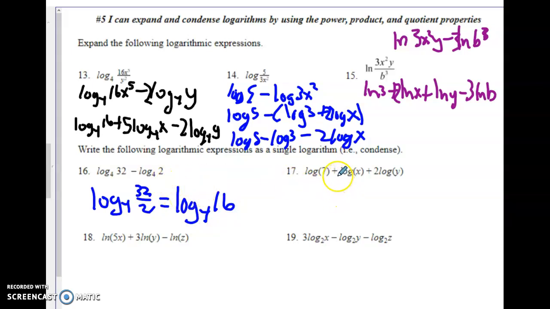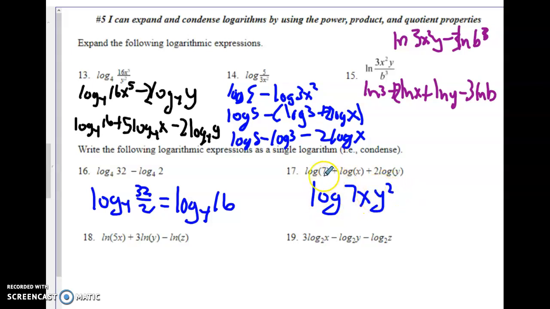Number 17, we've got a plus and a plus, so that means the 7, the x, and the y squared are all going to be multiplied together. So I'm going to do this in one step. We have log of 7 times x times y squared.